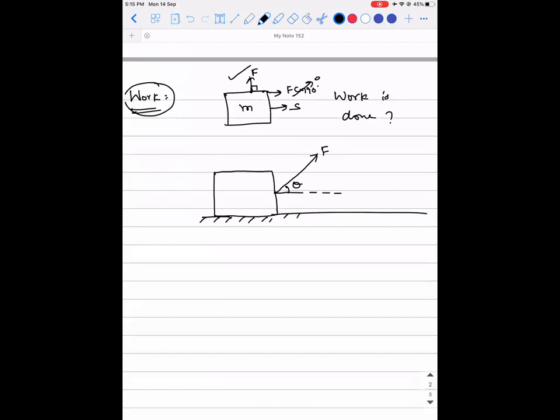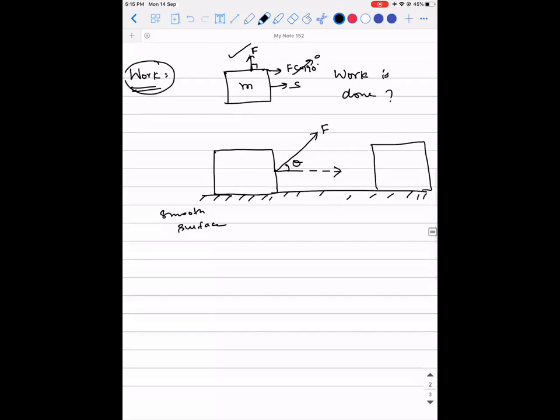I have kept it on a smooth surface and the object has reached the other point in this way. All the distances are generally measured from the center. Why it is so, you will learn in the next chapter. But remember, in physics, generally all the distances, mostly with respect to the object's motion, are measured from the center.